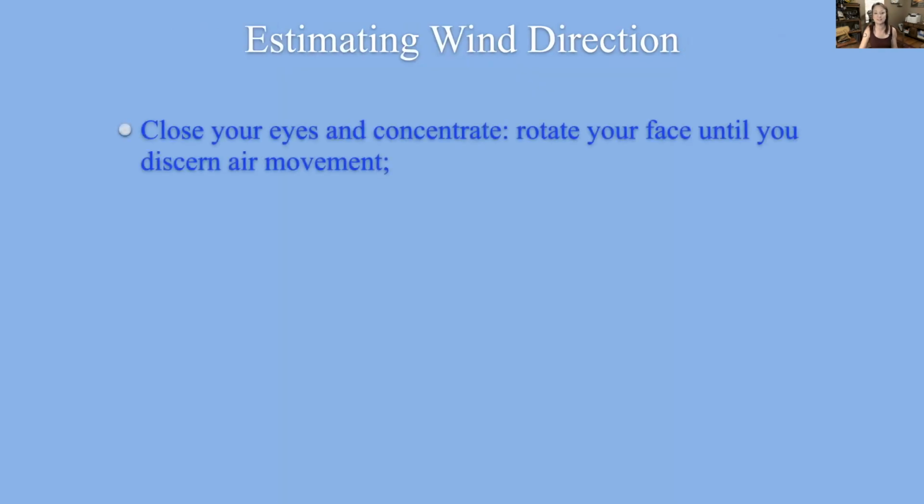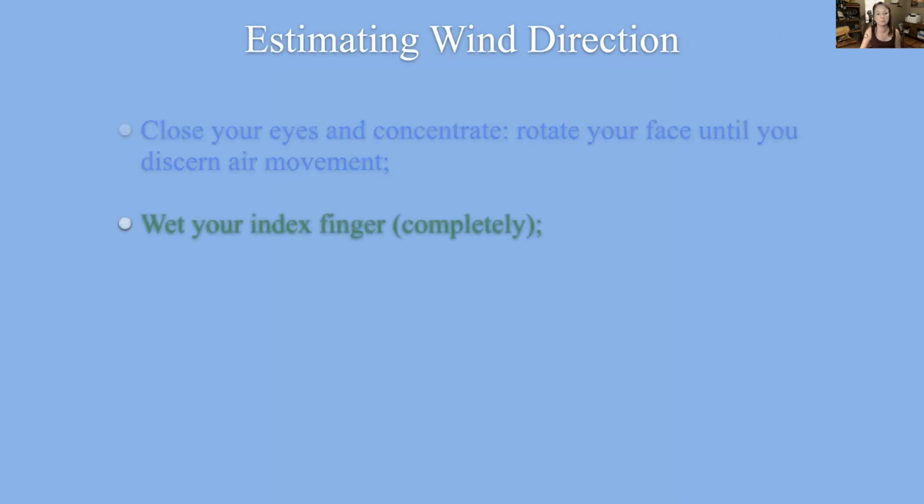And then wind direction, literally there's so many different ways you can do this. Sometimes it's really clear. But if it's not really clear, you can literally just use your face, close your eyes and see if you can tell when the pressure changes on your face. Do the old lick your finger thing, but don't forget it has to be the whole thing.